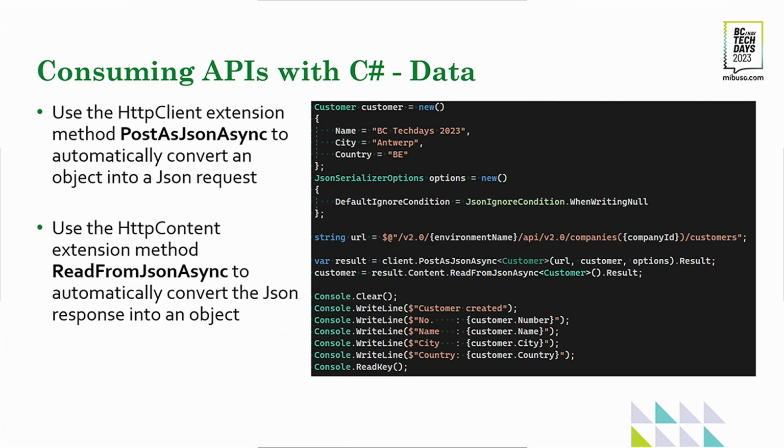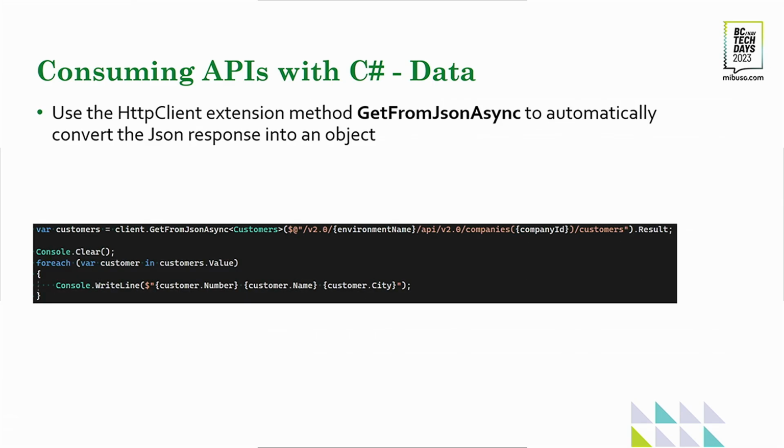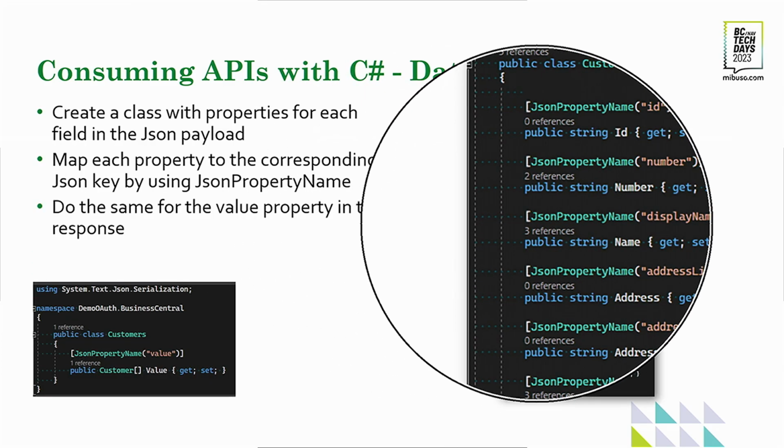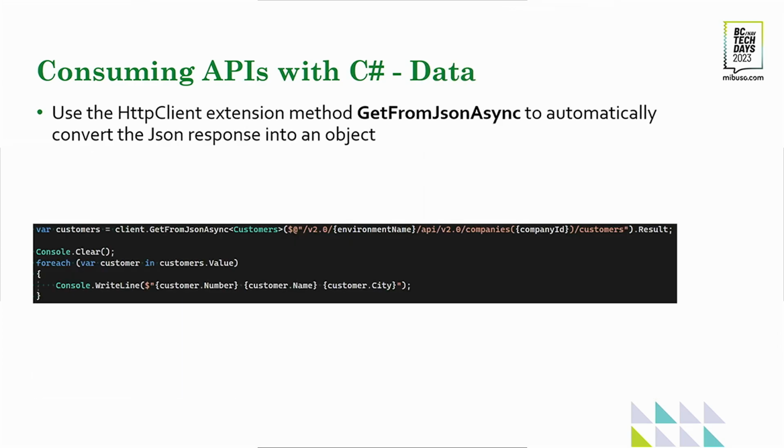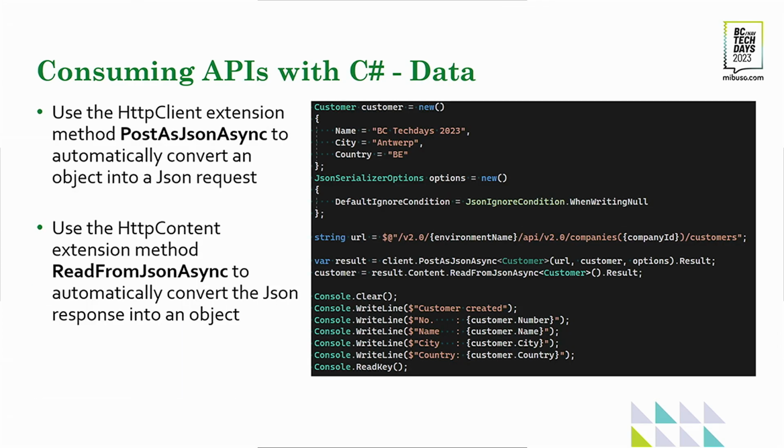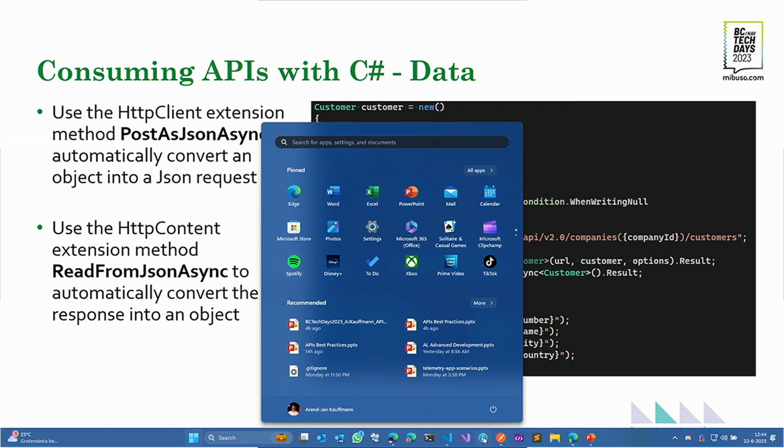There's no JSON handling here, all because you defined it one time in the class. It doesn't have to have all the properties from the customer, only the ones you're interested in, and it magically does that for you. So I want to show you this code in real life.